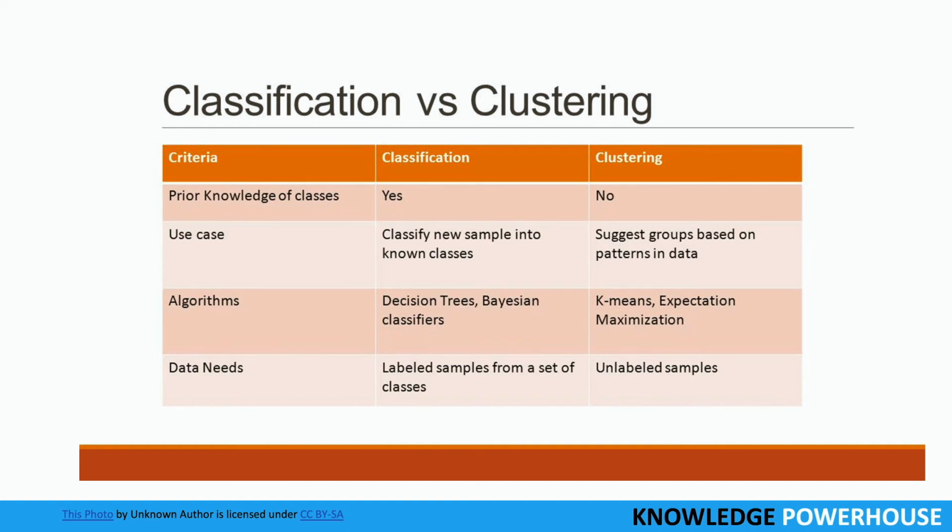In classification, we need data that has labels. Labels mean you initially know exactly what the class of a specific record is. If you give data of fruits with labels like this is apple, this is orange, this is banana, this is watermelon, then for further data where you don't have labels, you can determine the class based on the classification model. Whereas clustering doesn't need labels; it works with unlabeled samples.